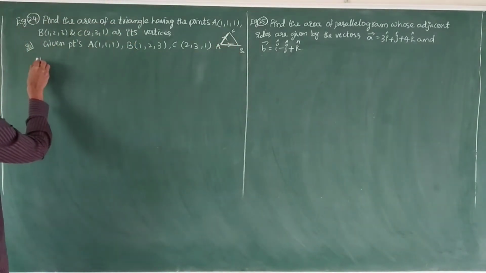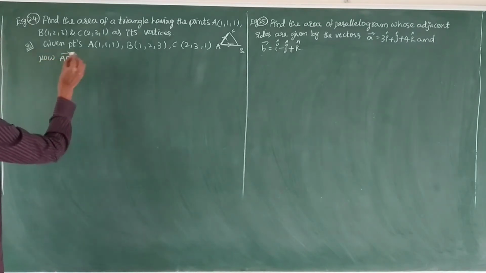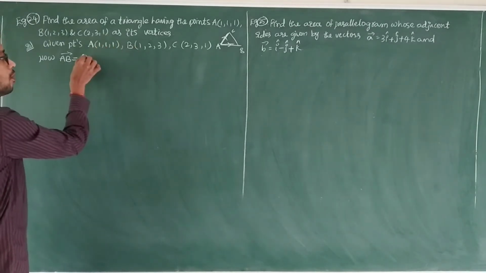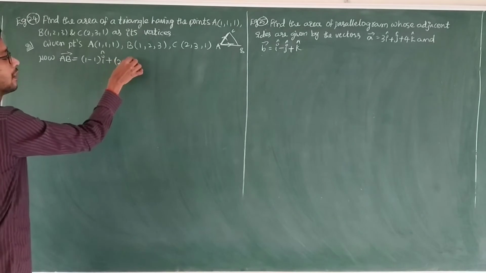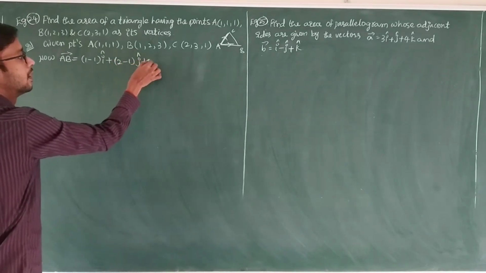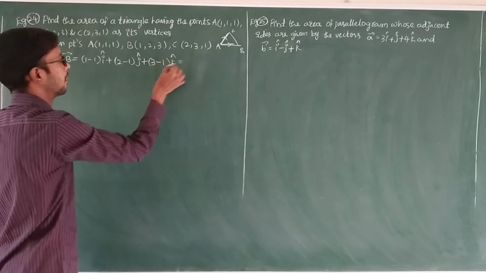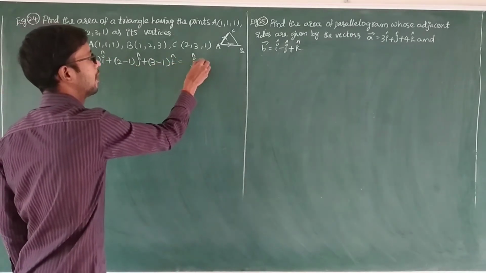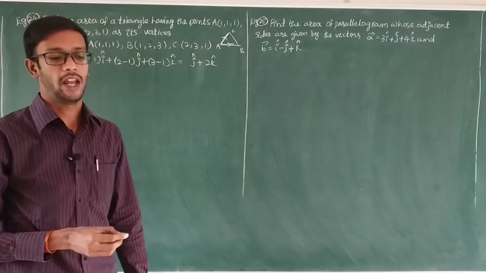First I am finding AB bar. AB bar is x2 minus x1 i cap, y2 minus y1 j cap, z2 minus z1 k cap. That is equal to, this value is 0, so j cap plus 2k cap.